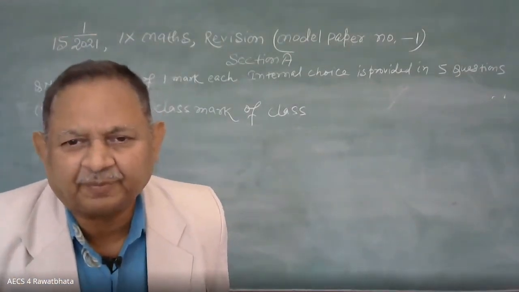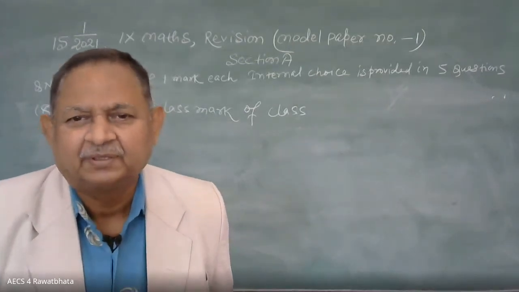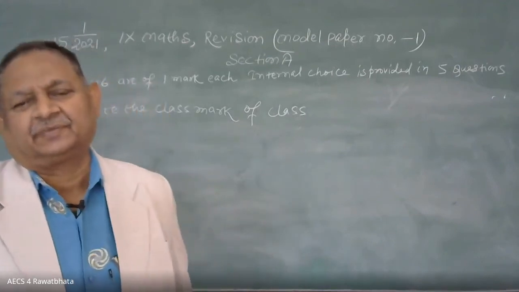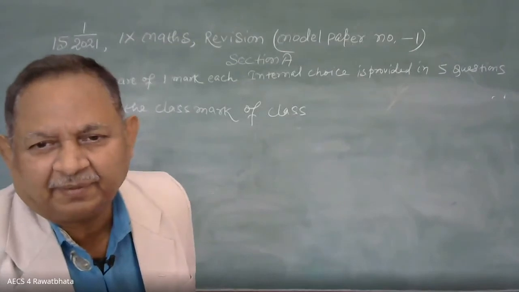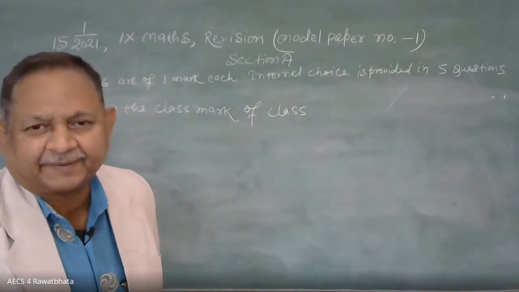True upper limit plus true lower limit by 2. Highest number minus lowest is range. The upper limit plus lower limit by 2. Correct.